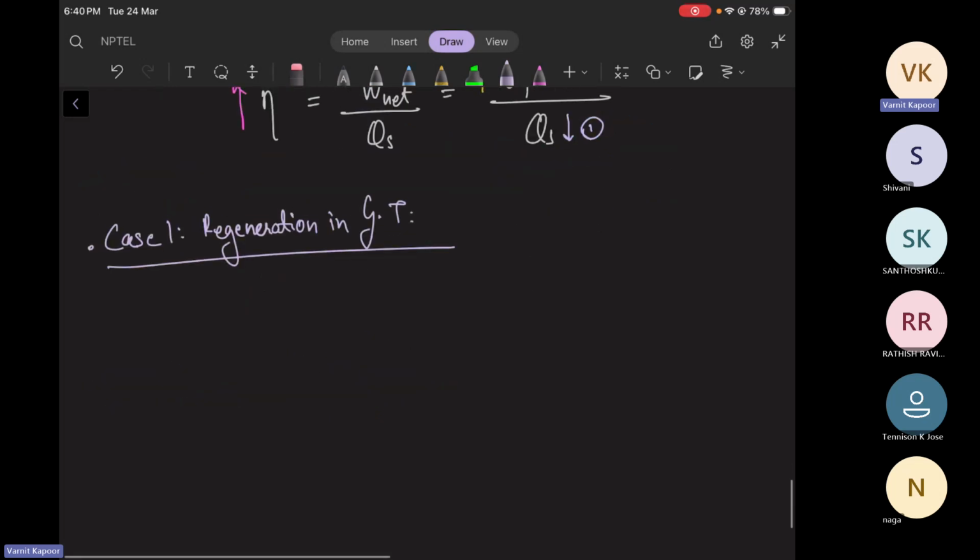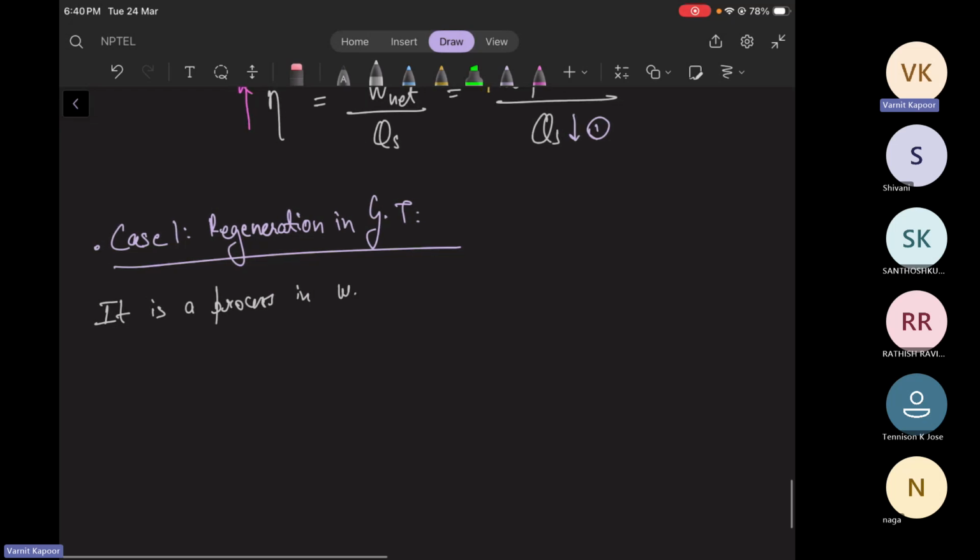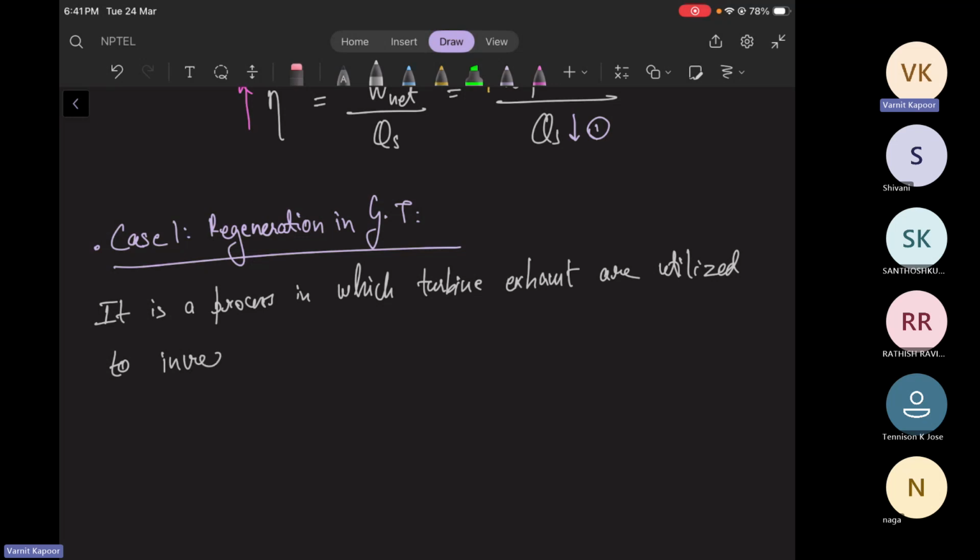So let me write, it is a process in which turbine exhaust gases are utilized to increase the temperature of compressed air before entering the combustion chamber.